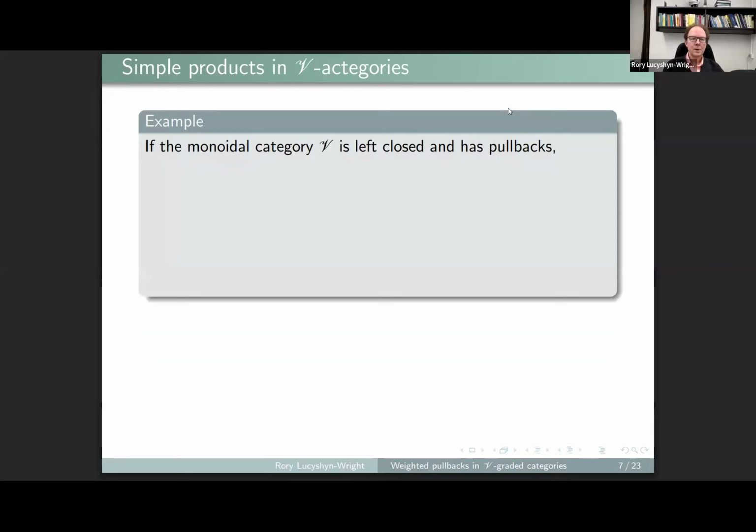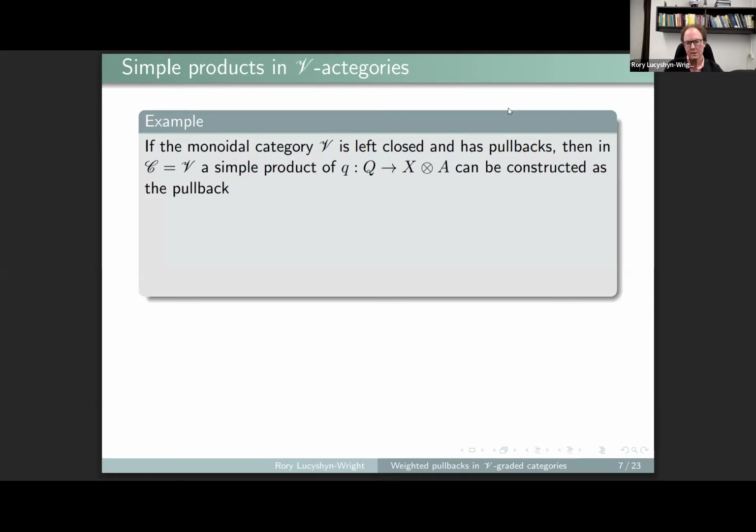So for example, if the monoidal category V is left closed and has pullbacks, then we know we can form weighted pullbacks, so we can form simple products. Then in C equal to V, a simple product of a morphism of the following form from an object Q into the monoidal product X tensor A can be constructed as the following pullback.